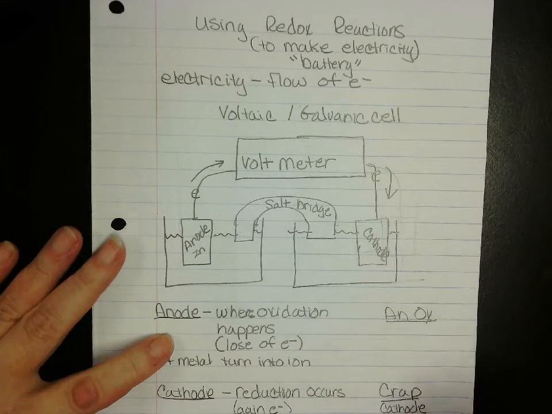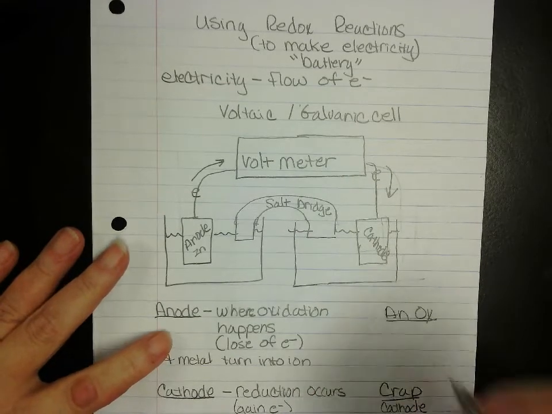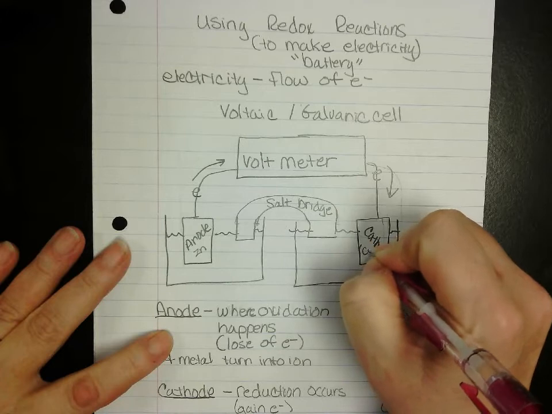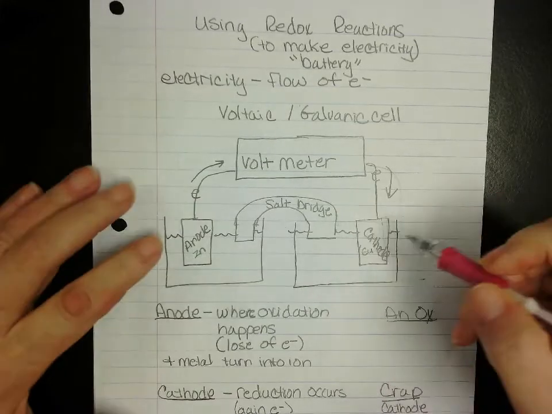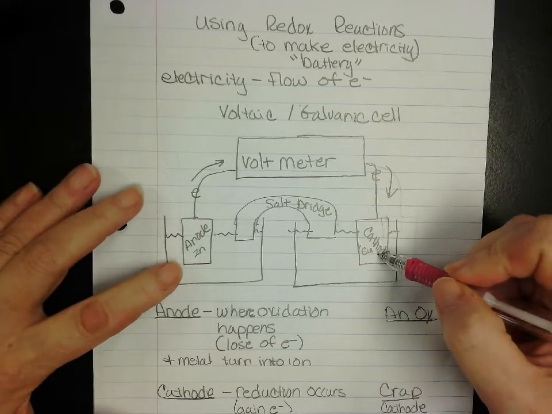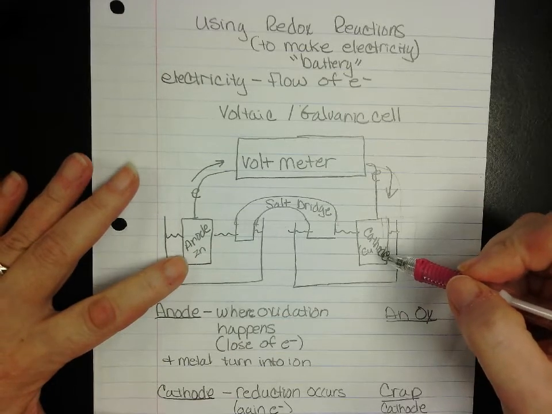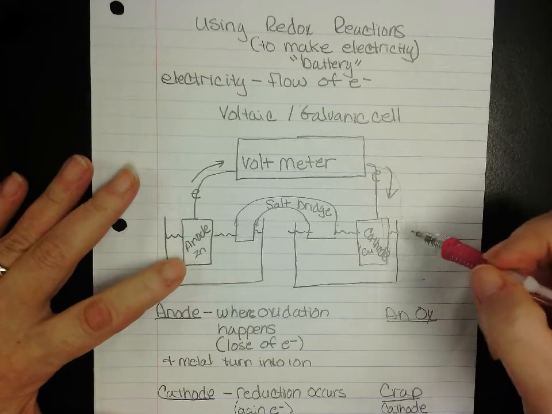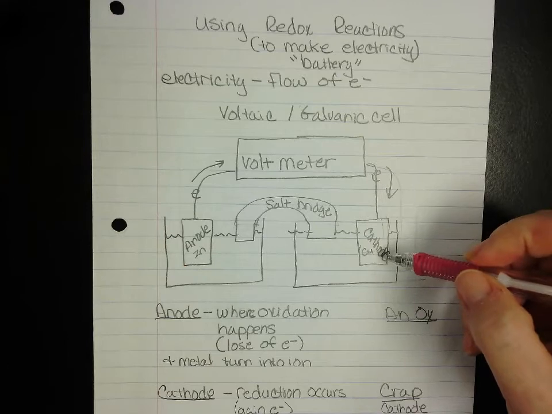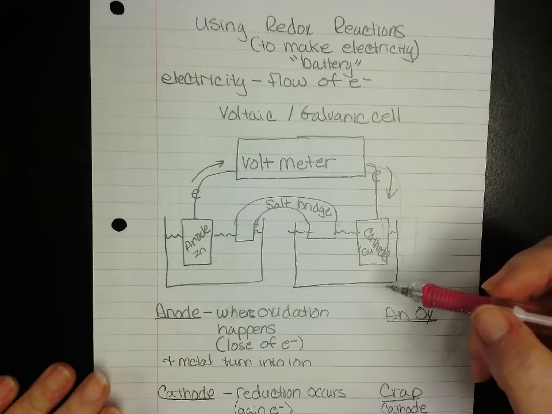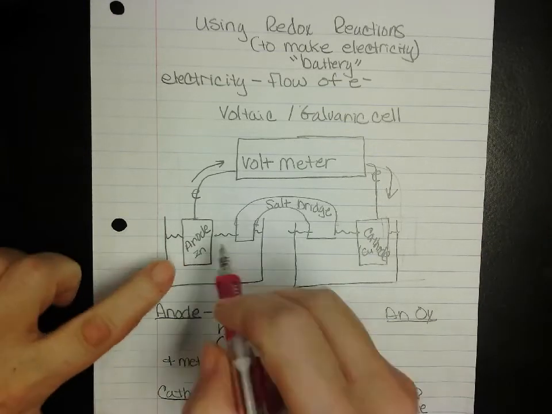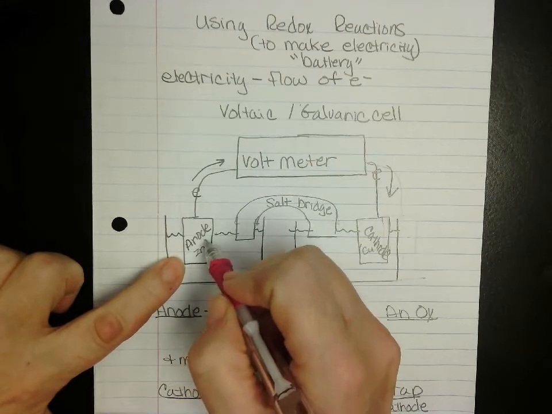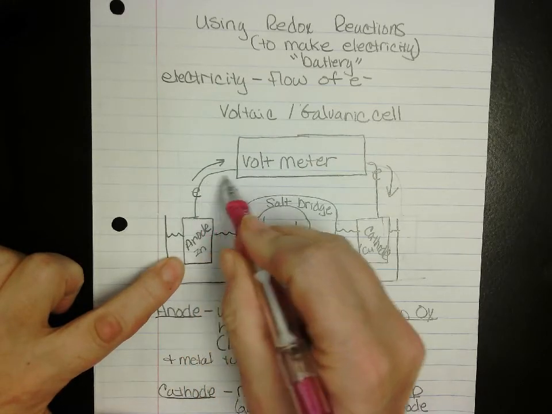If our other half reaction was with copper and copper ions, zinc is higher on that activity chart than copper, so zinc is where the oxidation happens. It's called the anode, and cathode is where reduction occurs. So here my metal is going to lose those electrons. It's going to flow through this wire.